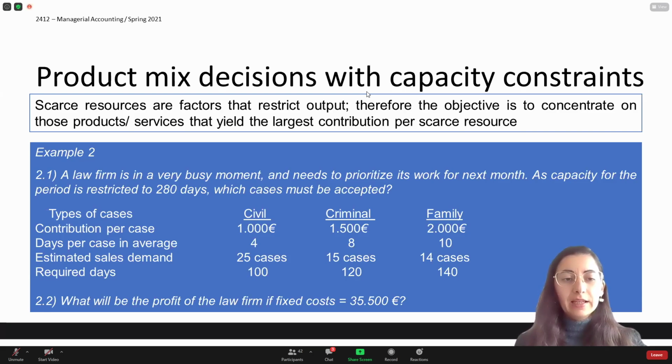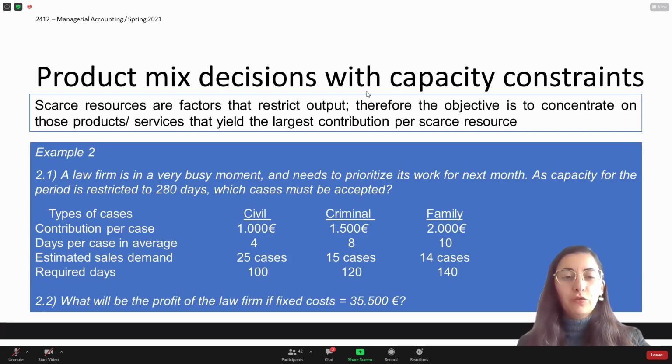We have the days per case on average. For a civil case, it gives a contribution of 1,000 euros, and we spend 4 days to solve the case. We have the demand for each type of case: 25 for civil, 15 for criminal, and 14 for family. And therefore we have how many days we require to satisfy all the demand.